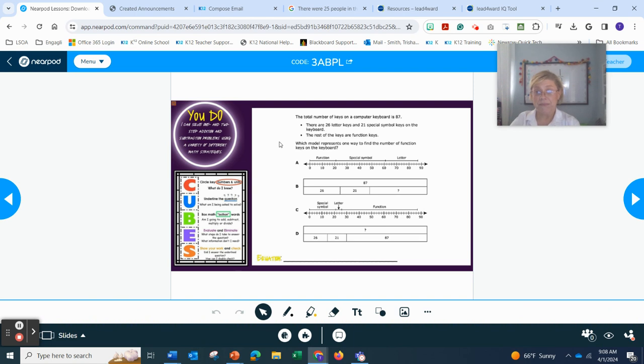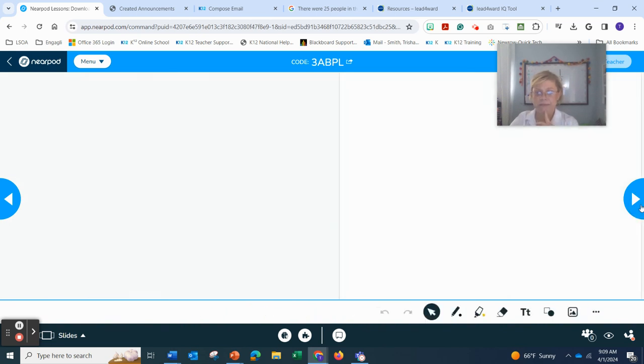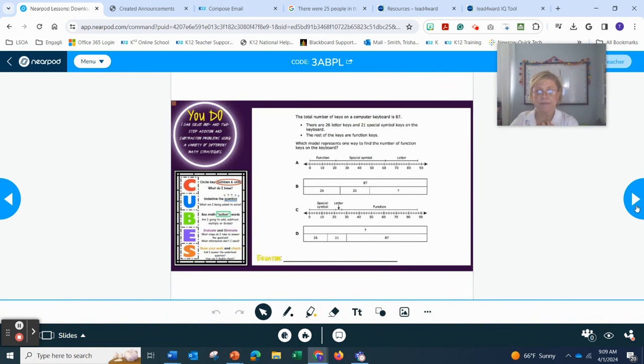Identify the correct model and create an equation for that. You don't have to do this one because apparently I created 2 of those. I apologize. I'll delete this one before I send it out.